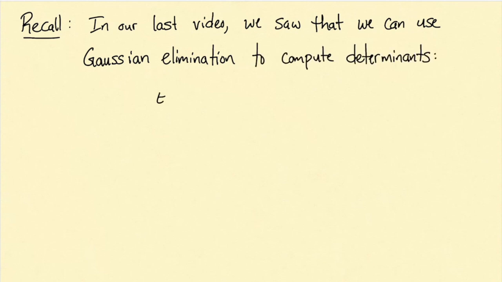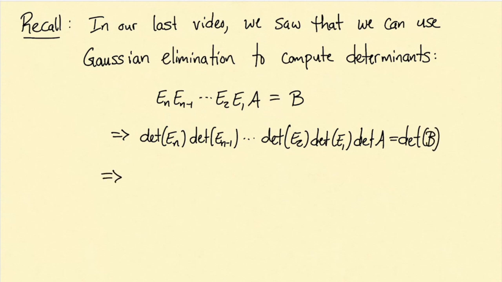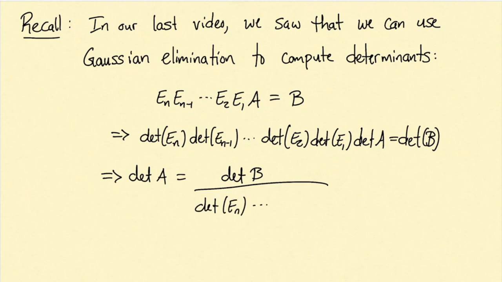If B is the reduced row echelon form of our matrix A, and we encode the row operations to get from A to B as the matrices E1 through En, then we can write En times En minus 1 times dot dot dot times E2 times E1 times A is row equivalent to B. In fact, it is actually equal to B. This tells us that the determinant of En times the determinant of En minus 1 times etc. the determinant of E2 times the determinant of E1 times the determinant of A is equal to the determinant of B.